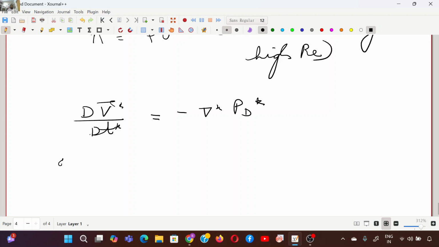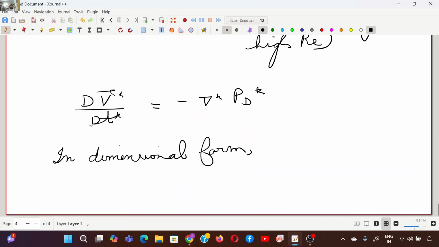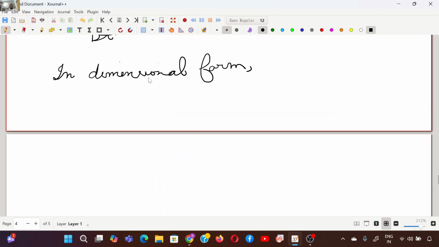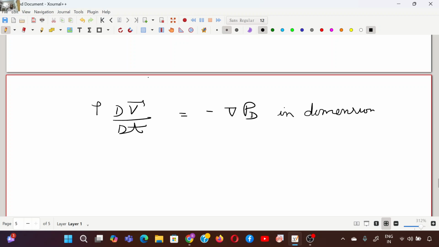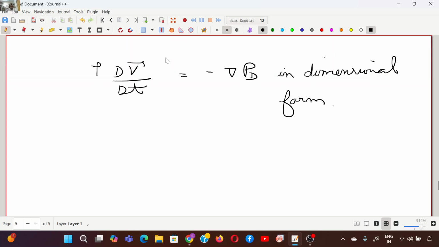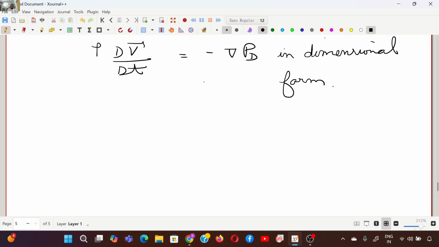In dimensional form, it will just be rho dv by dt is equal to minus del vd. So what is the original Navier-Stokes equation?